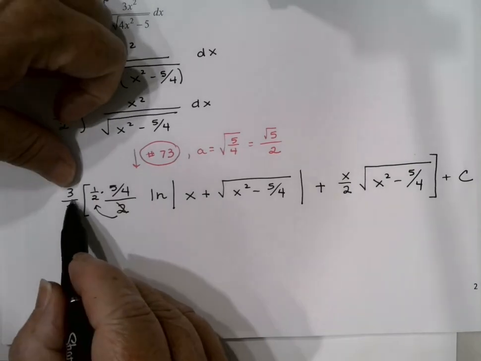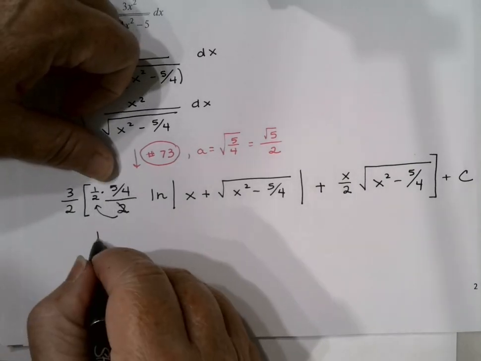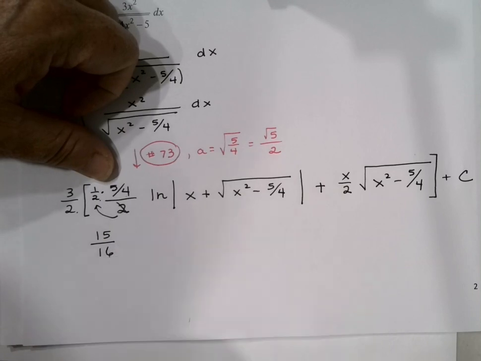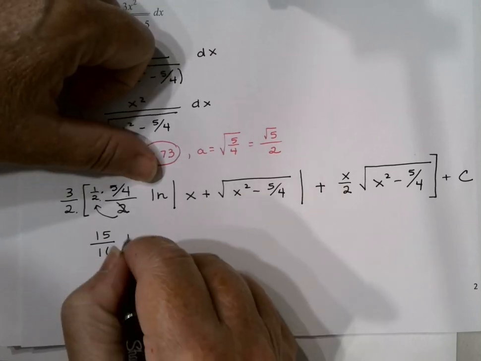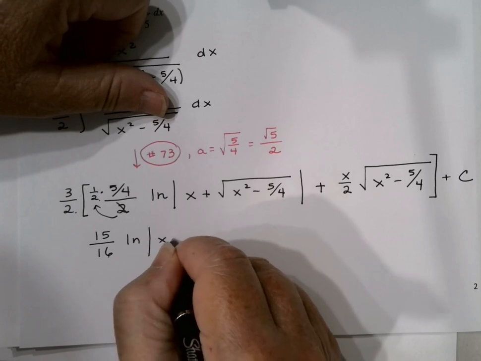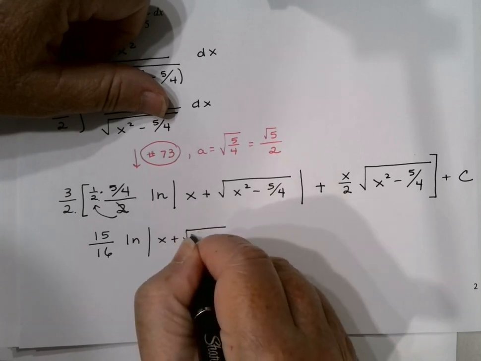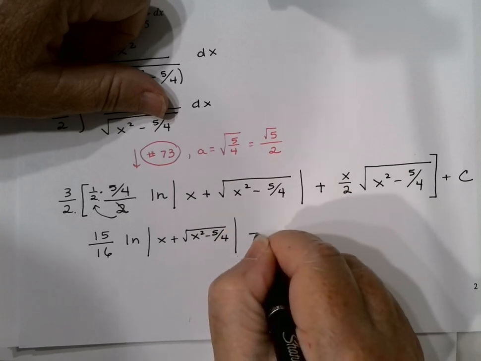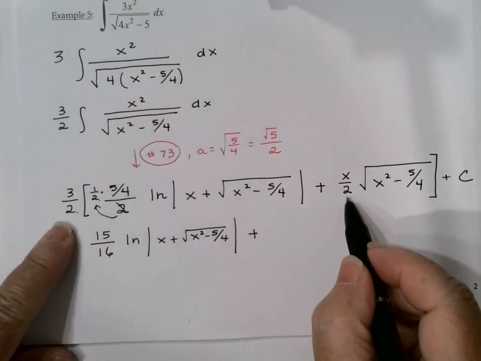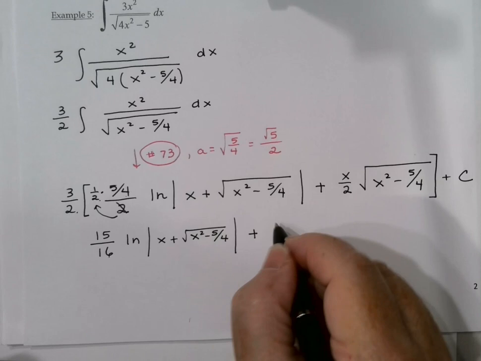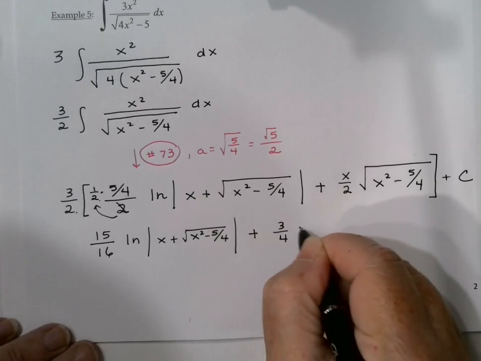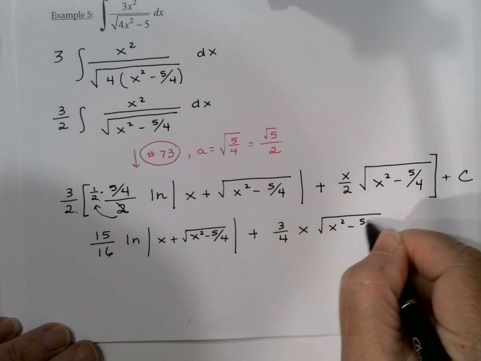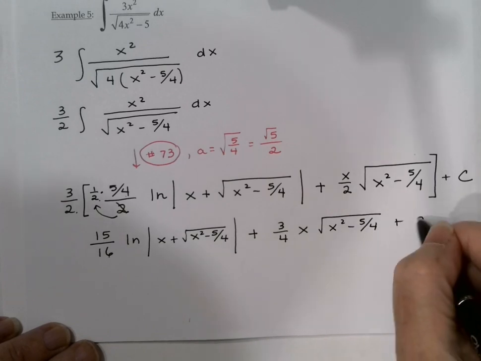So multiplying this out, 3 times 1 times 5 would give me 15 over 2 times 2 times 4 is 16 times this natural log plus, I'll make that 3/4 x times the radical plus c.